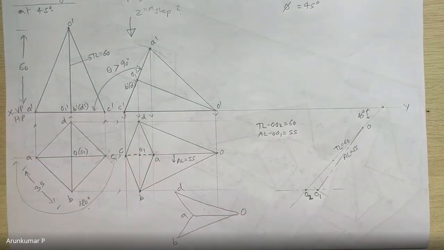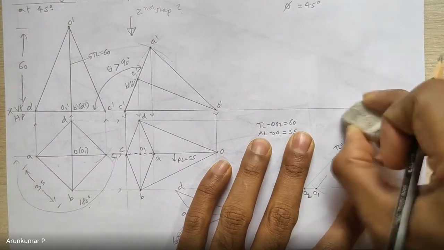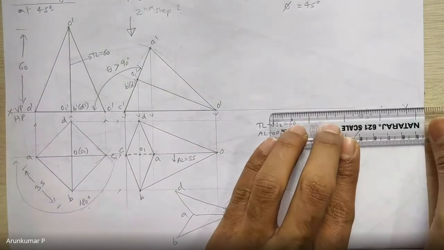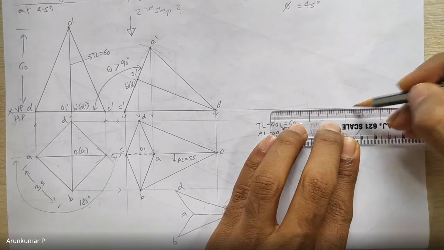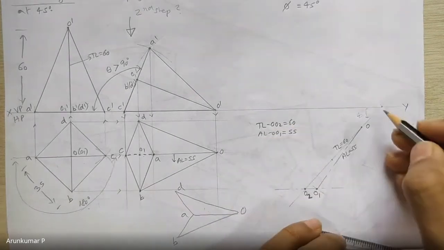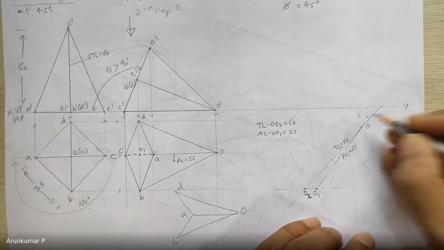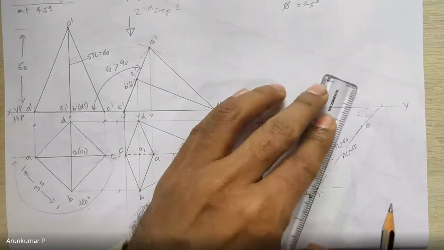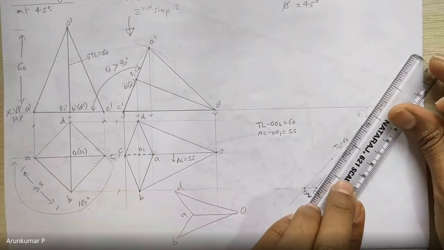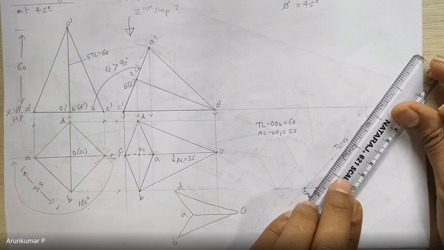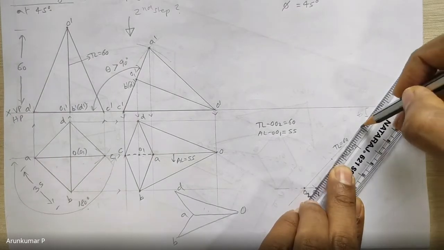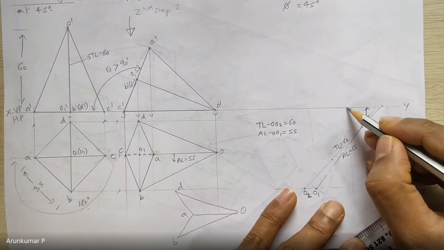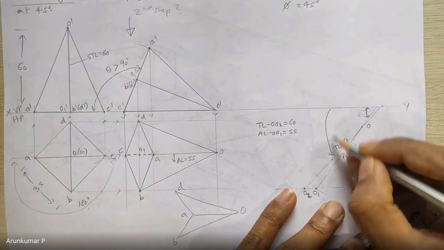Okay, so let us do that so that the process is complete. What I'll do is extend this apparent length onto the XY line. So you will have one inclination like this and the other inclination like this.